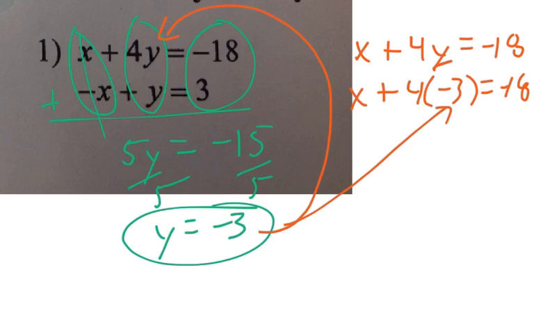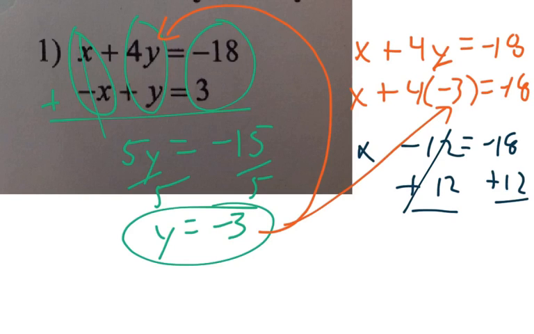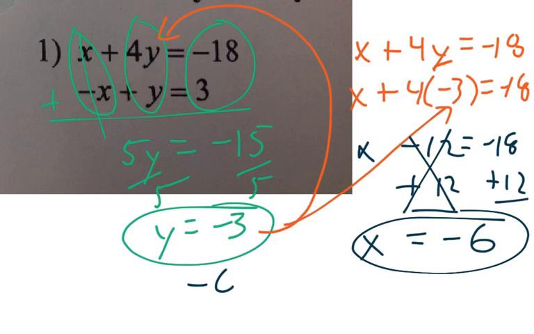I replaced that y right there. Okay. And finishing up, I know x minus 12 equals negative 18. Once I add 12 to both sides, because that's how we get rid of minus 12, right? x equals negative 6. So my final answer again is negative 6, negative 3.